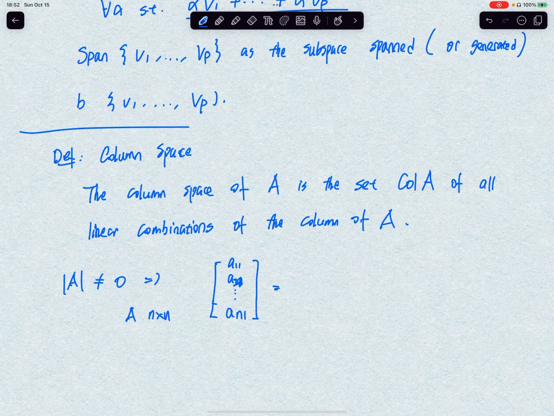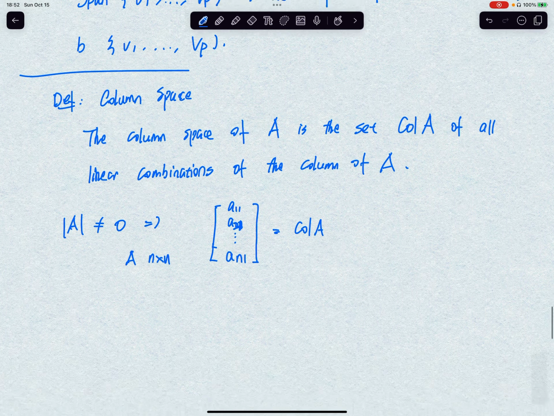So in this case, the columns of A are just equal to this, and each one is linearly independent.